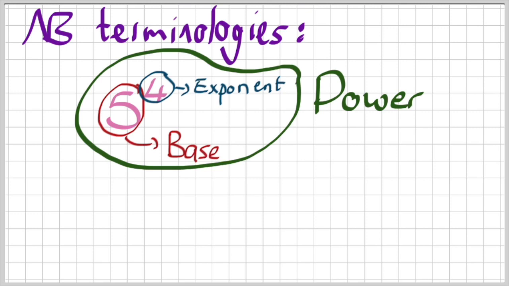So in future, when we say you multiply 2 powers, it means multiplying something like 5 to the 4 with 3 to the power of 2. The whole 5 to the 4 and the whole 3 to the 2, both of them are powers. Don't confuse these terminologies. Otherwise, you're going to struggle in the rest of this chapter.